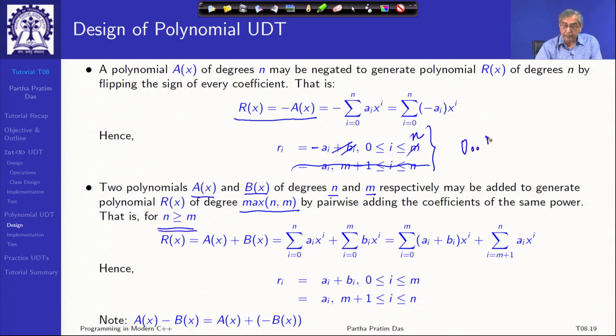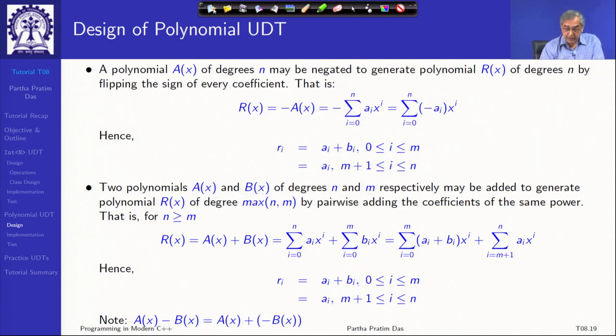From 0 to m, the coefficients must be added because they are there in both, whereas from m plus 1 to n, it is the coefficients of the larger polynomial which will only exist because the rest is 0. So, if I add these two polynomials, then up to the smaller degree the coefficients are added, then the remaining coefficients of the larger polynomial are put at the end of it, and this is the definition in terms of the coefficients.